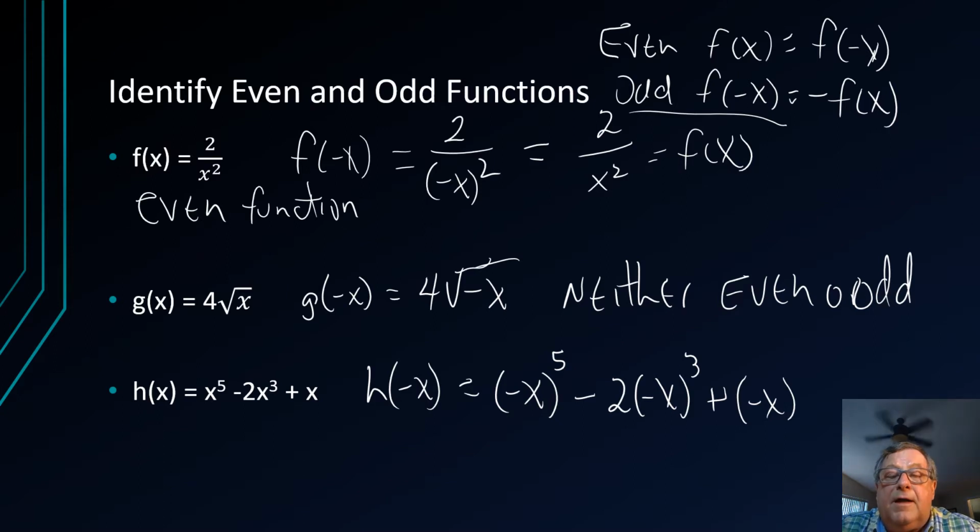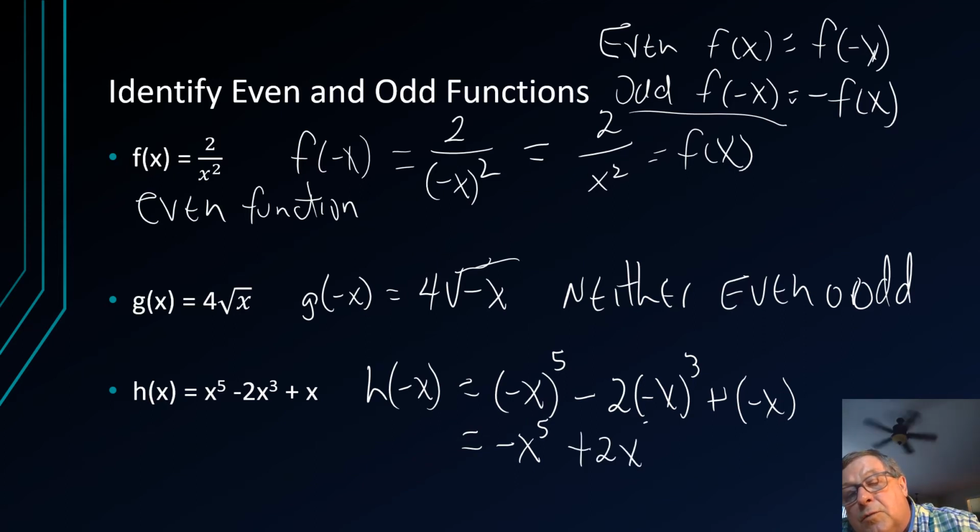But when I solve that, negative x to the 5th, if I raise anything to an odd power, it's going to become negative. So that'd be negative x to the 5th. And negative x cubed would also give me a negative number, which then, when I multiply that times negative 2, is going to become plus 2x cubed, 2 negatives, and minus x.